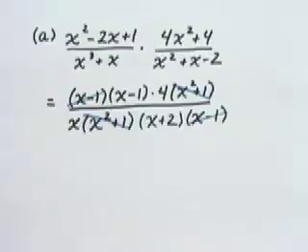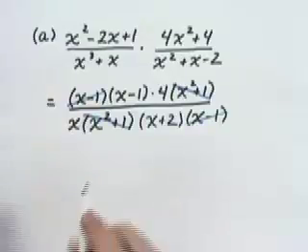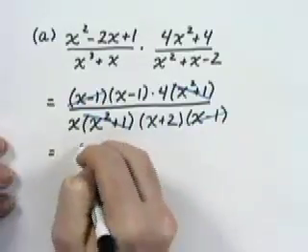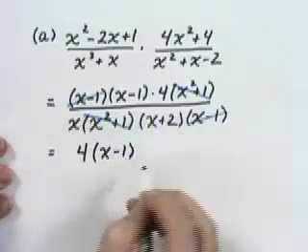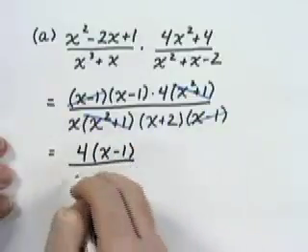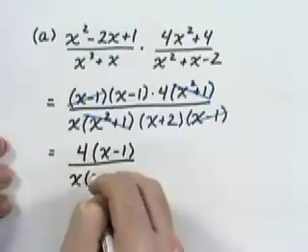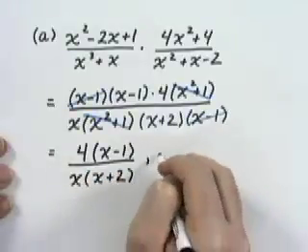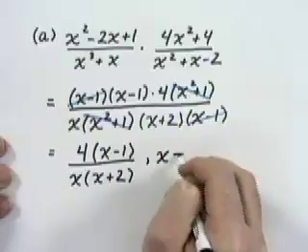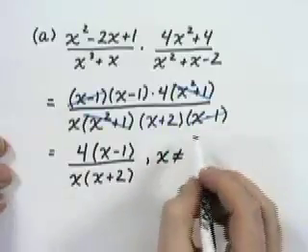There are no other common factors, so in the numerator I'm going to be left with 4 times x minus 1. And in the denominator I'm left with x times x plus 2. Now all I need to do is identify those variables that are not going to be in the domain of the expression.